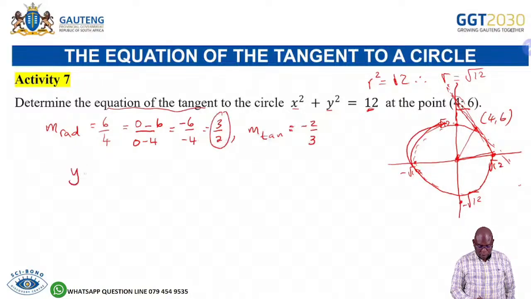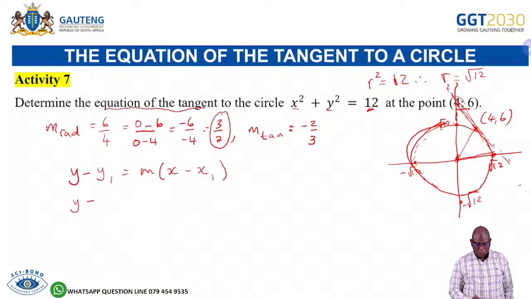So the equation of the line will be y minus y1 equals m into x minus x1. So I'll have y minus, my y1 will be -6. My m is the gradient, which is -2/3. My x1 is going to be 4.